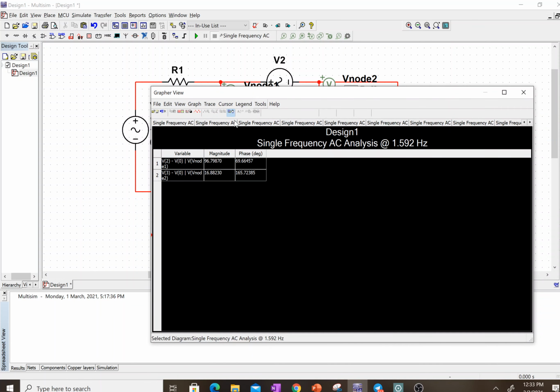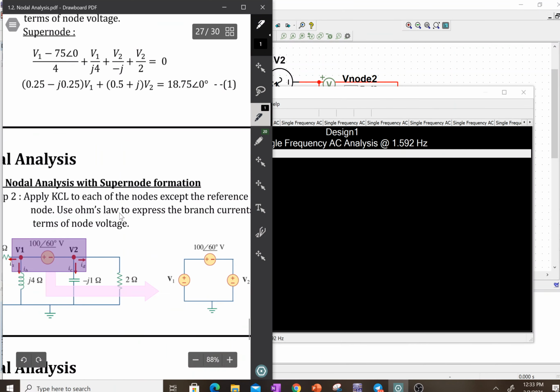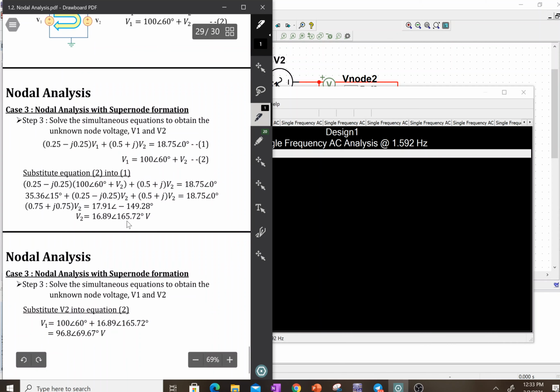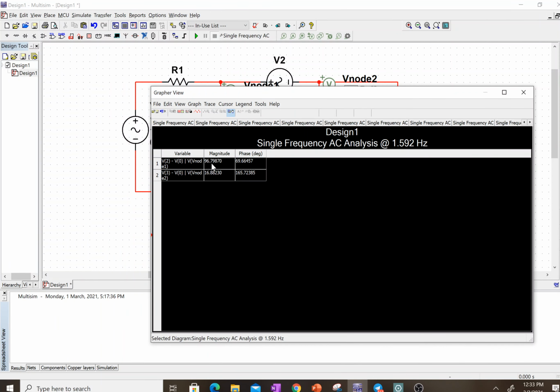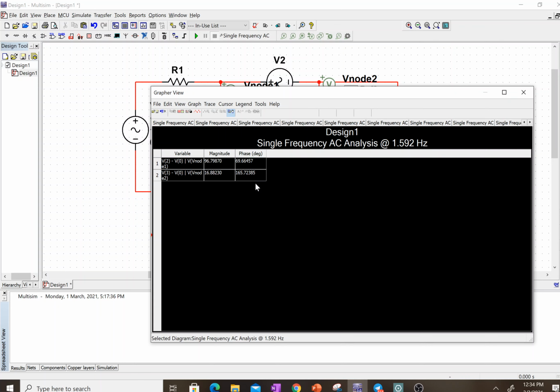Let's compare with the answer that we calculated. V1 is 96.8 and the angle is 69 point something. This is correct. And V2 is 16.89 and the angle is 165. This is also correct.